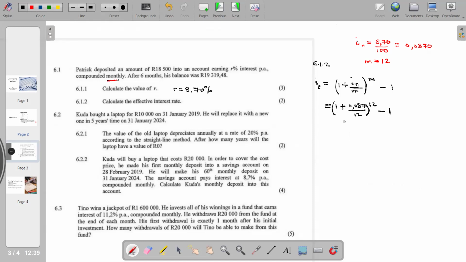So punching that on the calculator, we are going to have our i, the effective rate. We are going to bring in the calculator.